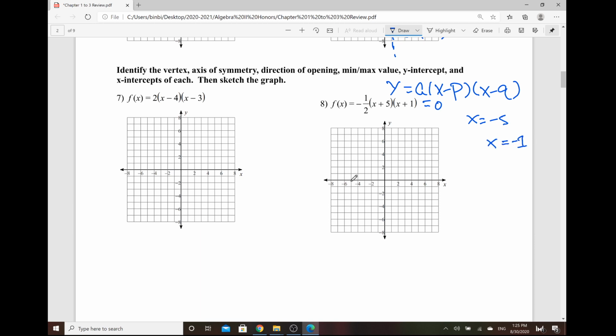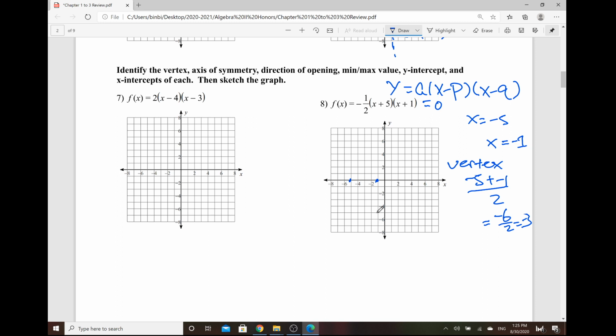The way to find the vertex x value is by finding the midpoint of the x-intercepts. The midpoint is always x1 plus x2 over 2. So negative 5 plus negative 1 over 2 is negative 6 over 2, which is negative 3. So you get the midpoint.